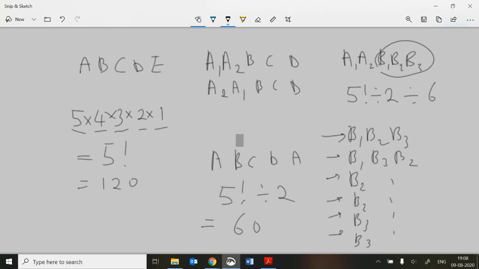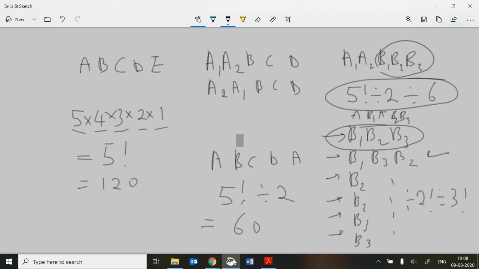Okay, so I guess what I mean is A, B, B is the same whether I have 1, 2, 3 there, or whether I have 1, 3, 2 in terms of the B's. So it doesn't matter, there's 6 different ways of writing the same thing. Now, in fact, you might be able to spot that divide by 2 and divide by 6 actually is the same as dividing by 2 factorial and dividing by 3 factorial.